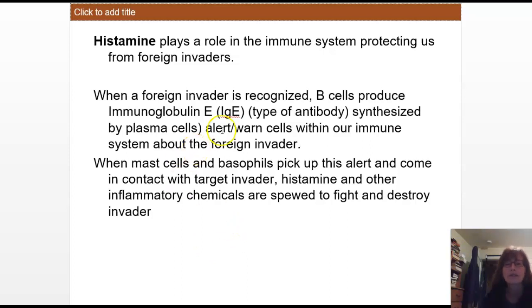This talks about the IgE cells, the immunoglobulin E cells, which produce chemicals that warn our immune system about a foreign invader, and then the mast cells and basophils, which are also part of our immune response, will pick that up, and then they release histamine as part of this all-out response to this invader.